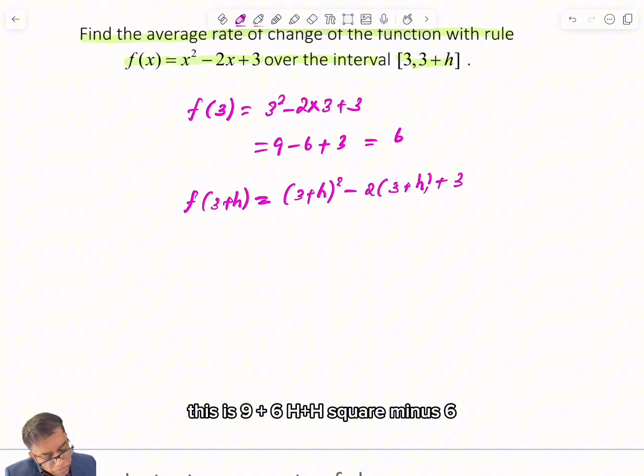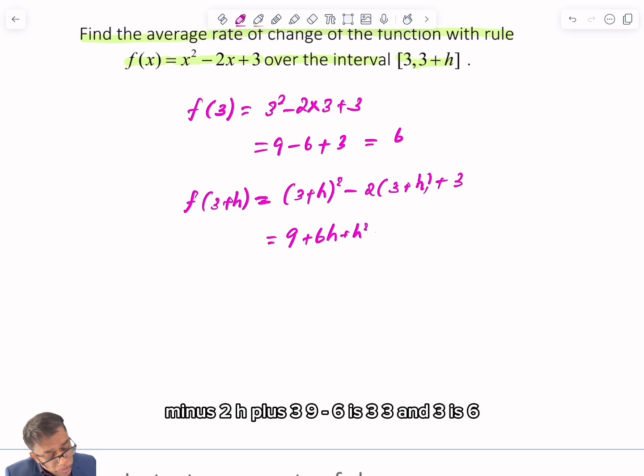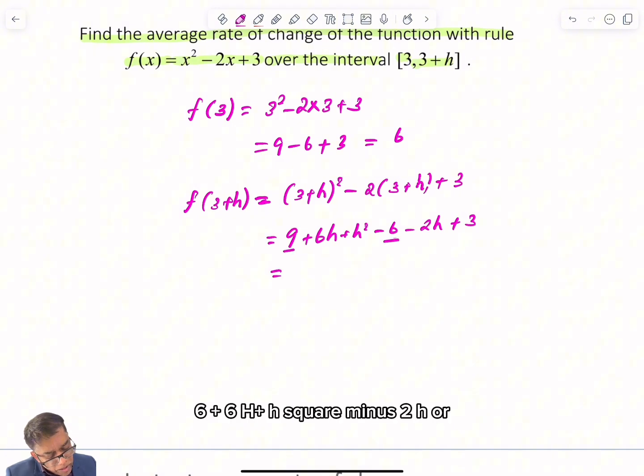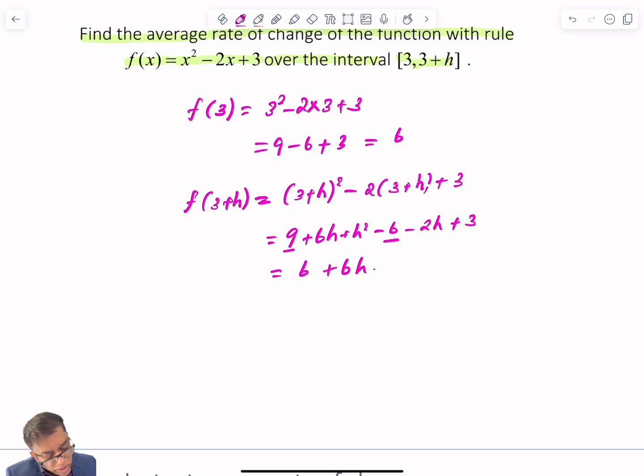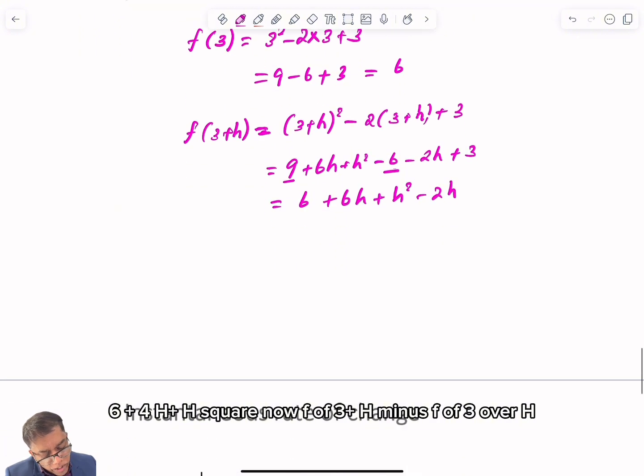This is 9 plus 6h plus h square minus 6 minus 2h plus 3. 9 minus 6 is 3, 3 and 3 is 6. 6 plus 6h plus h square minus 2h, or 6 plus 4h plus h square.